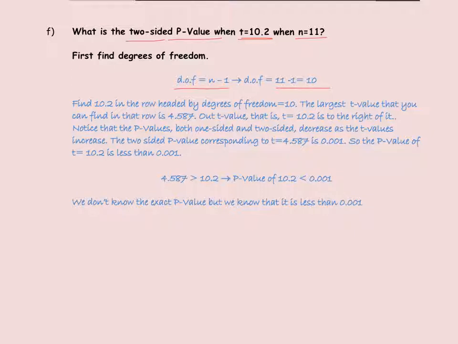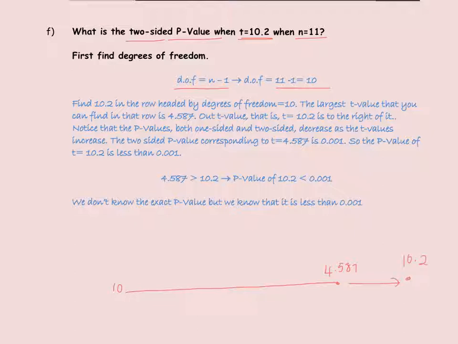So in the row headed by degrees of freedom 10, we go out looking for the t statistic of 10.2. But what we notice is that the largest t statistic available in that distribution is 4.587, and our number happens to be way to the right of this number.